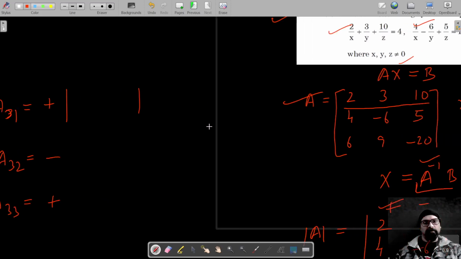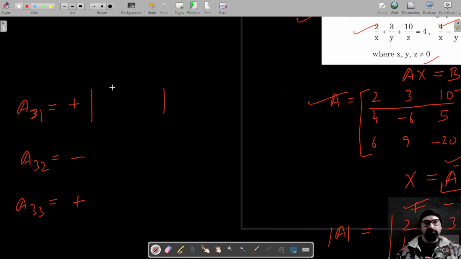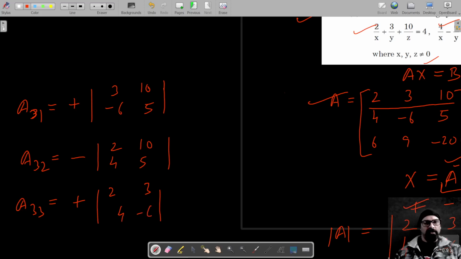Removing the element in the third row and first column, we are left with 3, 10, negative 6, 5, 3, 2. So 3,2 is 2, 10, 4, and 5; 3,3 is 2, 3, 4, and negative 6.